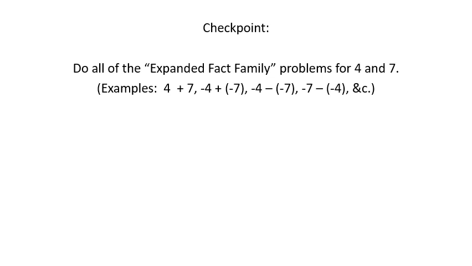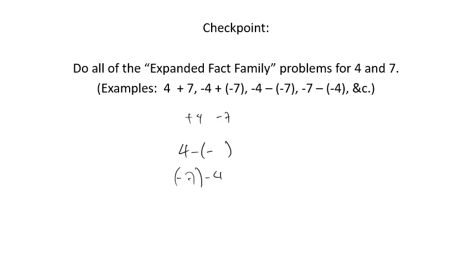So if you're doing positive 4 and negative 7, you're going to need to do 4 minus negative 7 and then negative 7 minus 4. What am I doing here? My goodness, I'm making a mess of this whole thing.